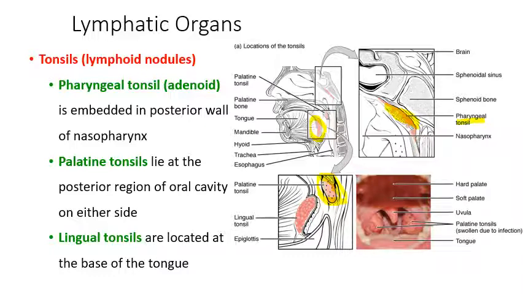So if any of that air, liquid, food is contaminated with pathogens, we've got these tonsils that are kind of ready to fight whatever's in there. These are lymphoid tissue that has a lot of immunoglobulins in it, a lot of white blood cells in it that are ready to attack any pathogens that are being brought into the body from the nose and mouth.